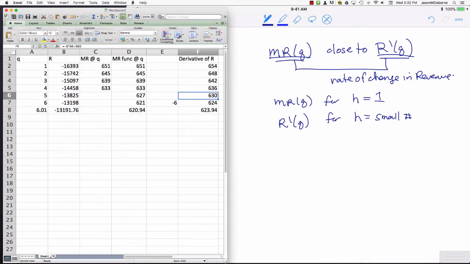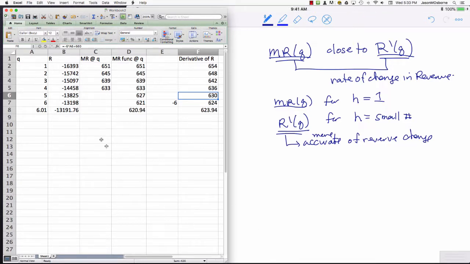It's R prime that is a more accurate reflection of the revenue change. The marginal revenue tells you what happens when you increase by 1 unit. R prime gives you how much your revenue is changing, even if you sell a small number. So that's what we're seeing in this video, the relationship between the marginal revenue and the derivative.